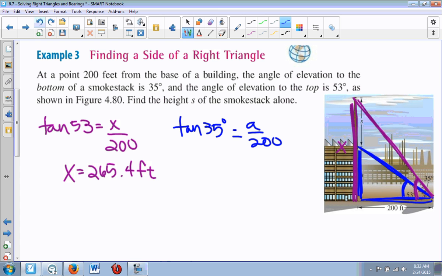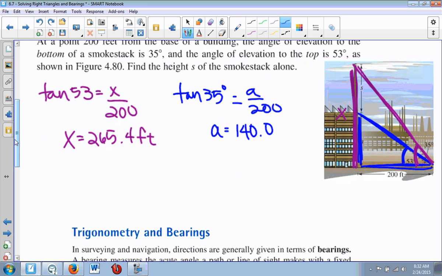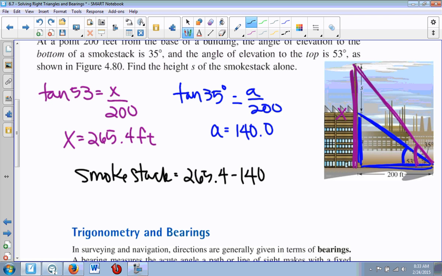I get 140.0. The smokestack is the difference between the building and the entire length. All we're going to do is subtract those. My smokestack height is 125.4 feet.